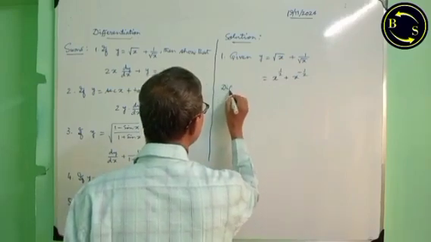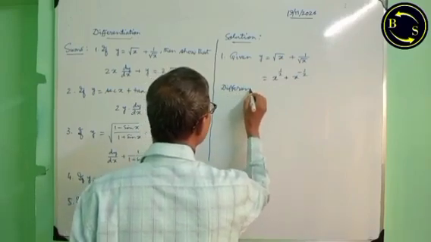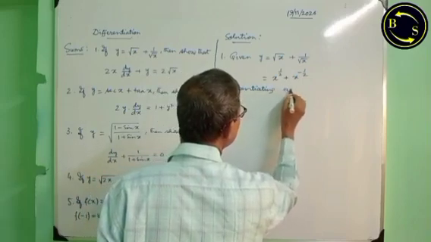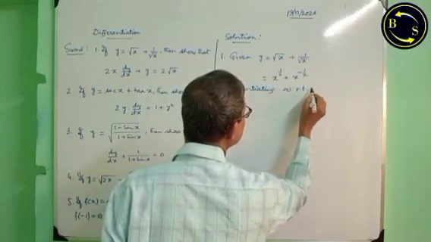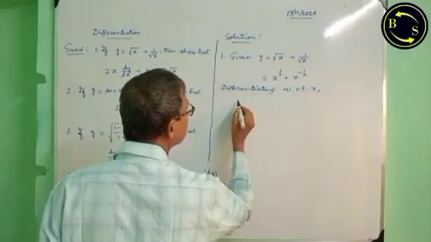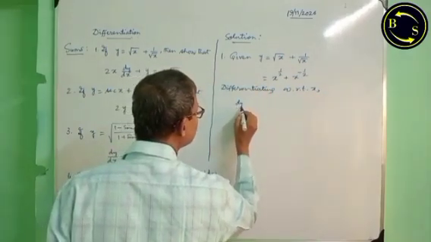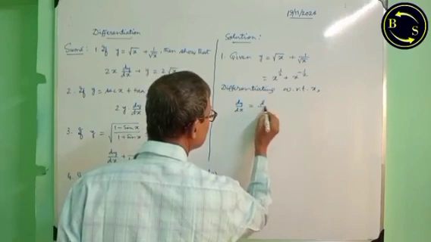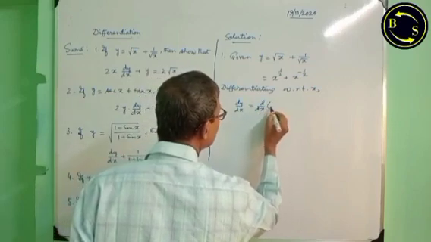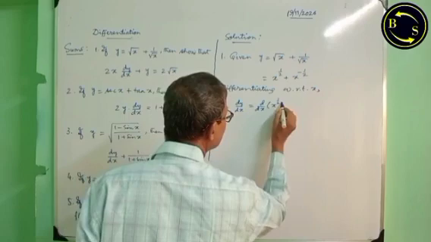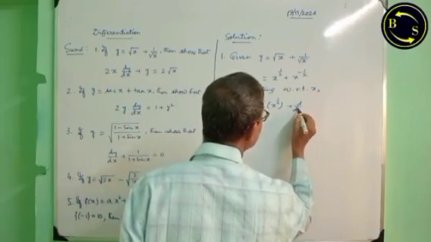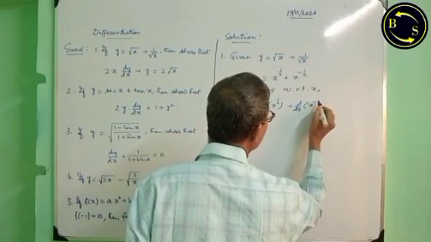Differentiating with respect to x, left hand side will be dy dx, d/dx of x to the power half plus d/dx of x to the power minus half.